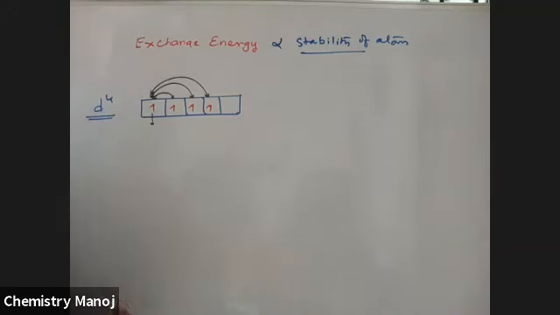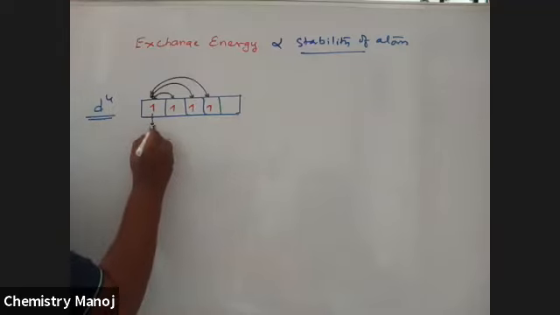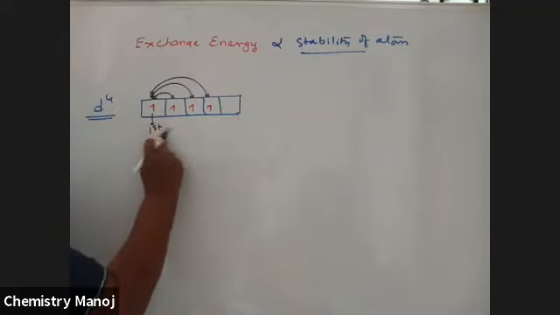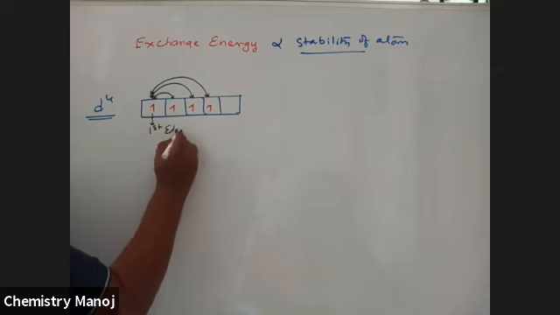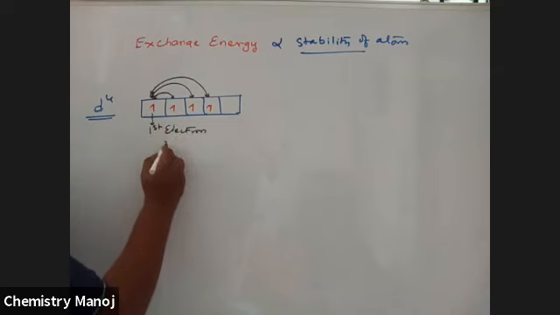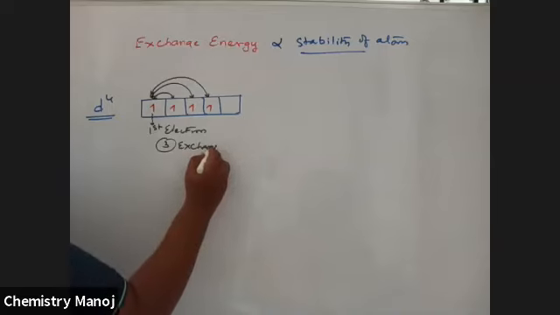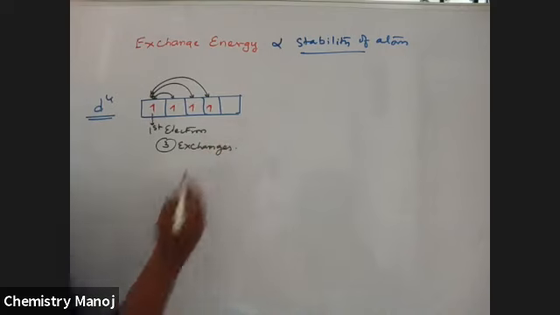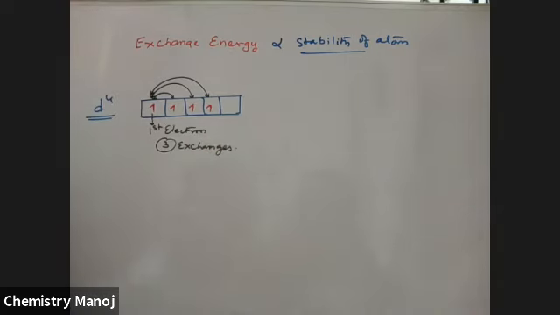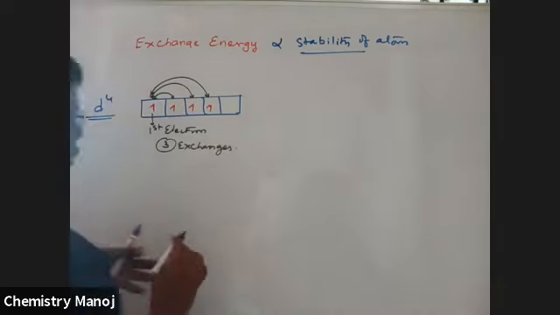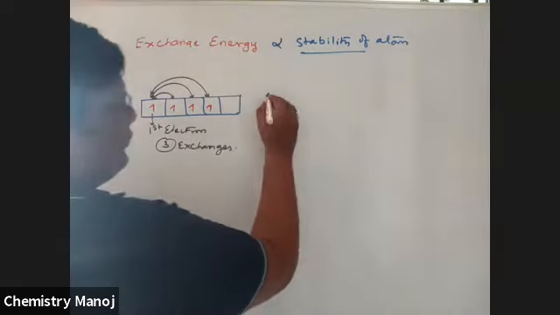That means for the first electron, 3 exchanges are possible. Next, I am going to take the second electron.